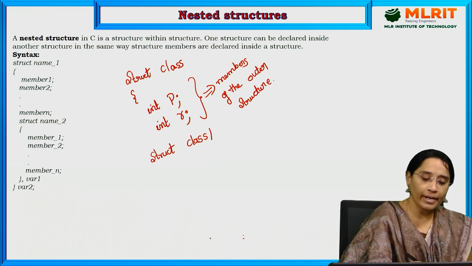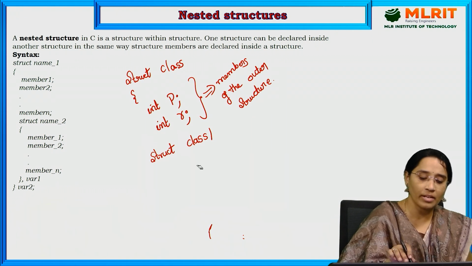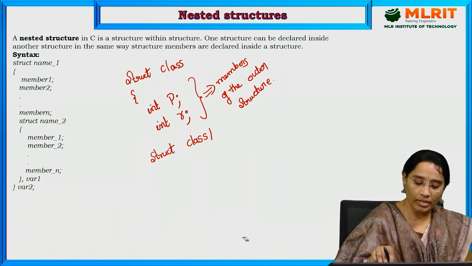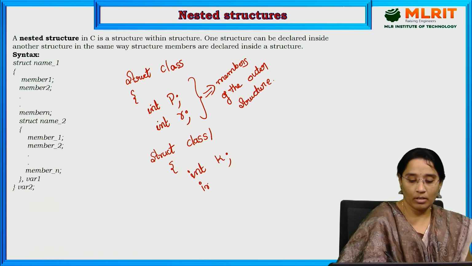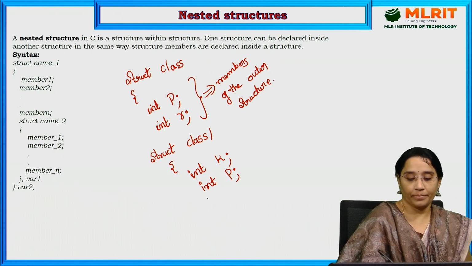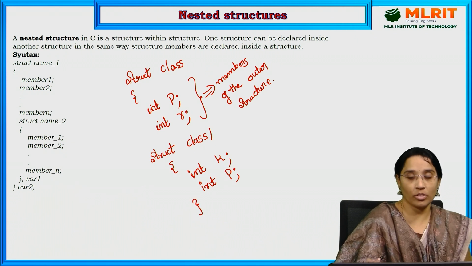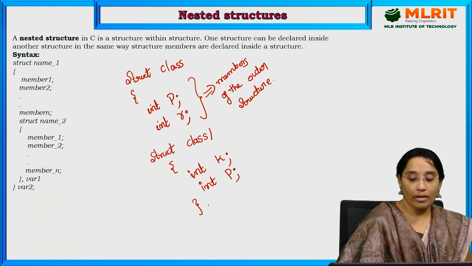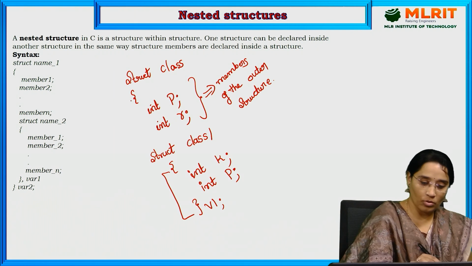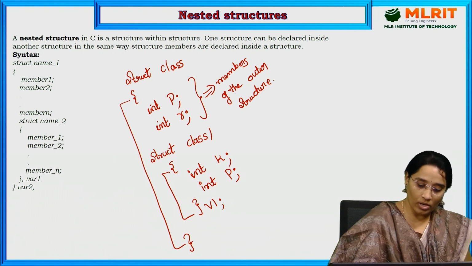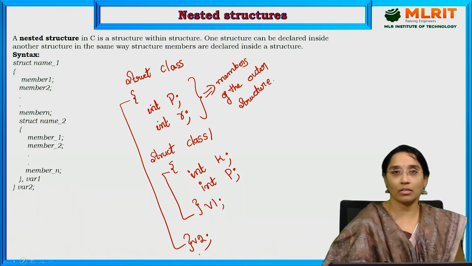You can't give a closing brace here because this is the inner structure I am writing here. Struct class 1, int k, int p. Okay, this is your inner structure now. We take one variable, V1, and the inner structure gets closed here. And this is your outer structure, V2, that is closed here.